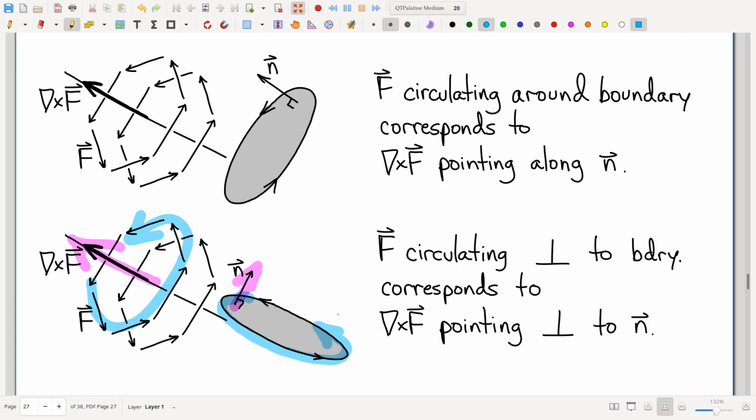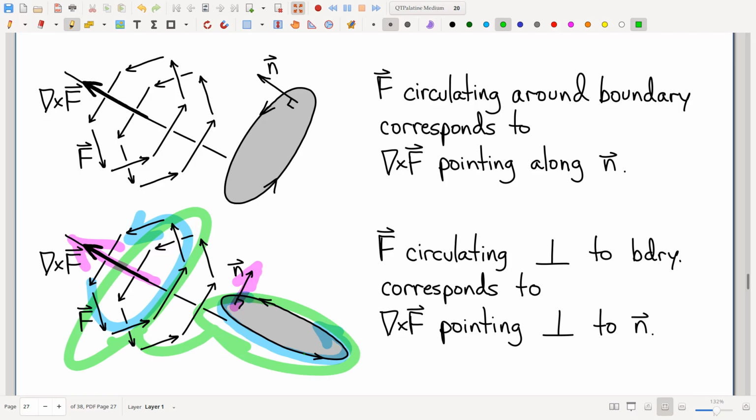But this kind of rotation around that boundary curve and that kind of a rotation of the fluid, they're in different directions. To what extent is that fluid flowing along that boundary curve? It's not to speak of, right? So, in the same way that this dot product is small, likewise, the circulation of that fluid around that boundary, also small.